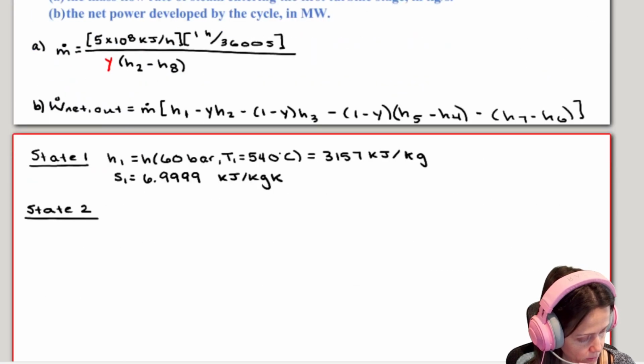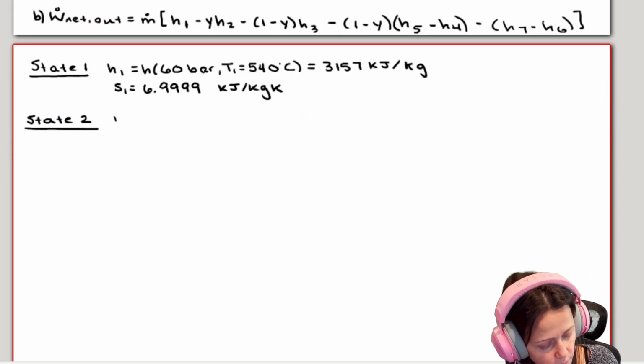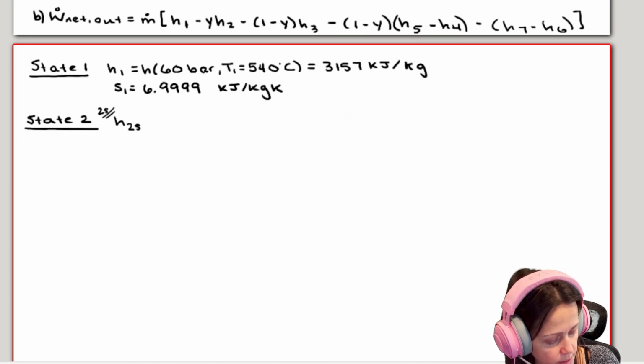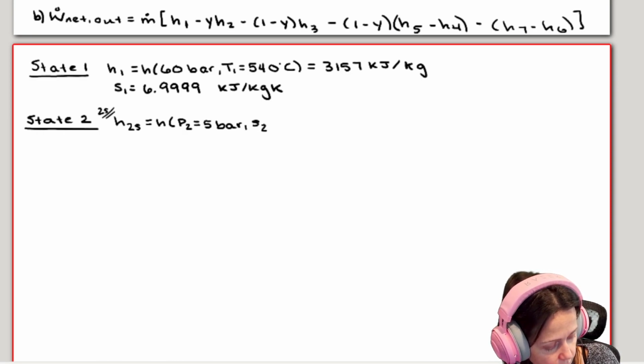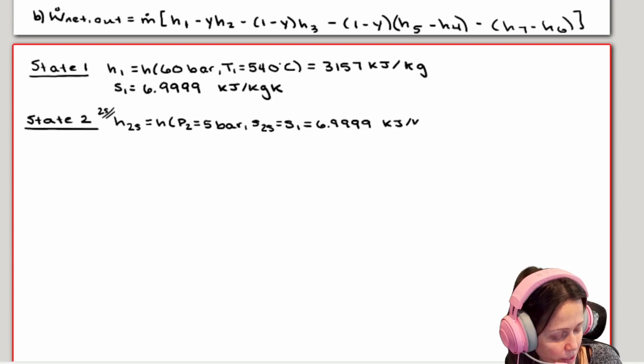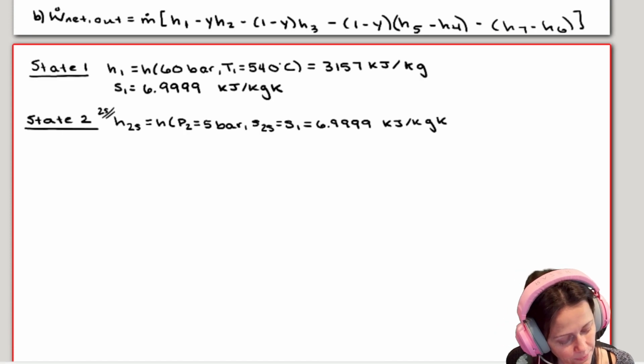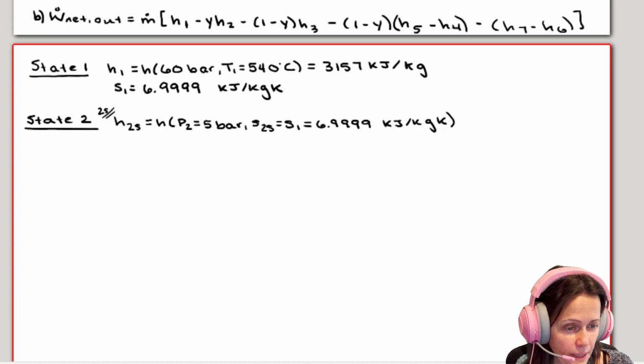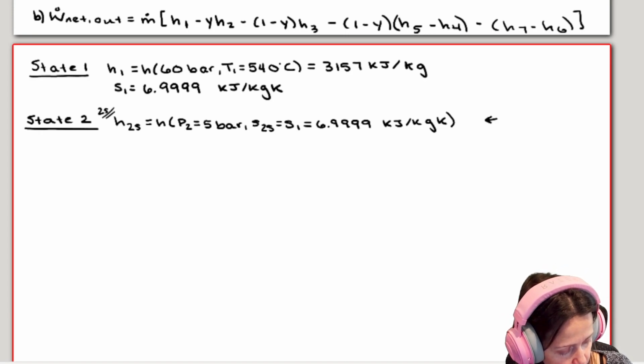There we go. So my H2S, because that's what I need to get first. H2S is going to be at a P2 of 5 bar. S2S, that's the same as S1, so 6.9994 kilojoules per kilogram K. And at this phase, it turns out we're superheated.